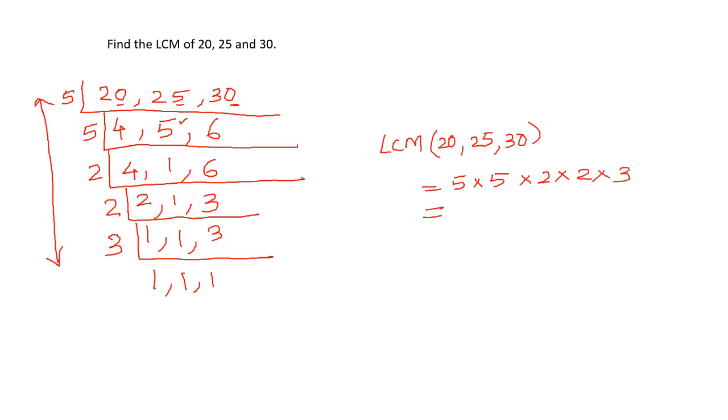How much do you get? Easier way, multiplication you have learned already. 5 into 2, 5 into 2. 5 into 2 is 10. So you get 10 into 10 into 3. What is the answer? Answer is 300. So LCM, lowest common multiple, will be 300.